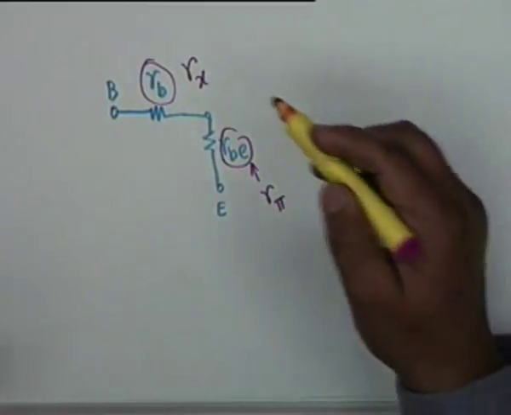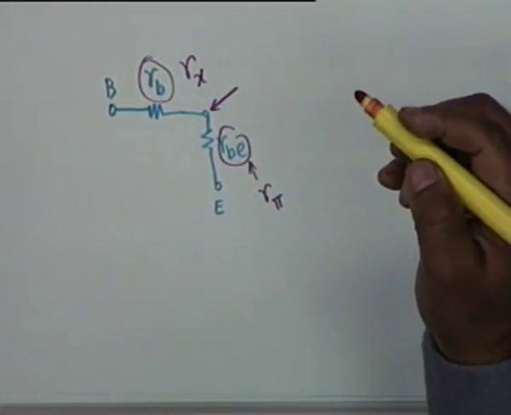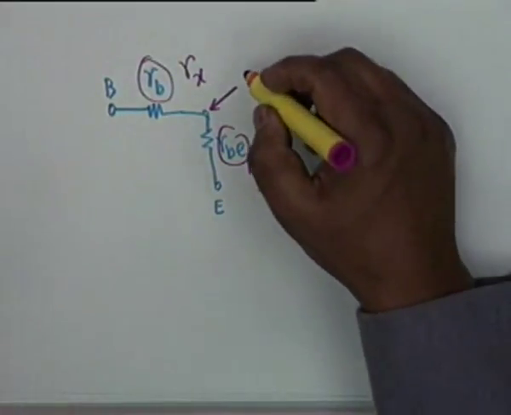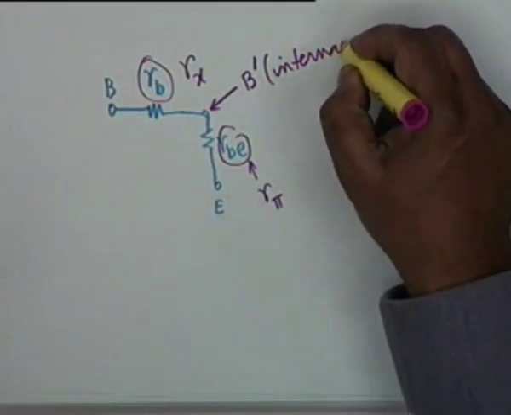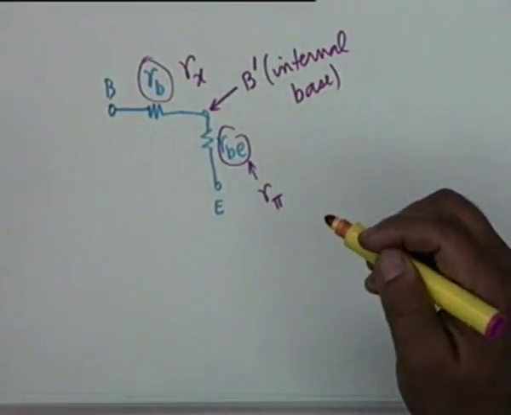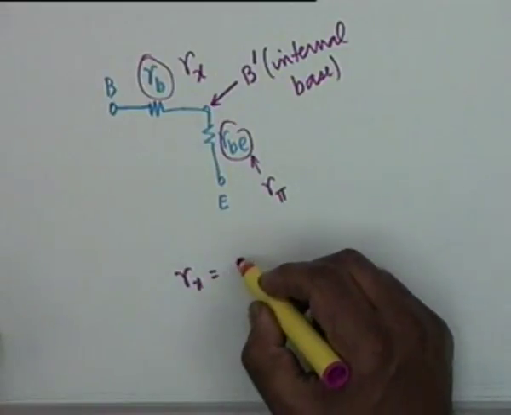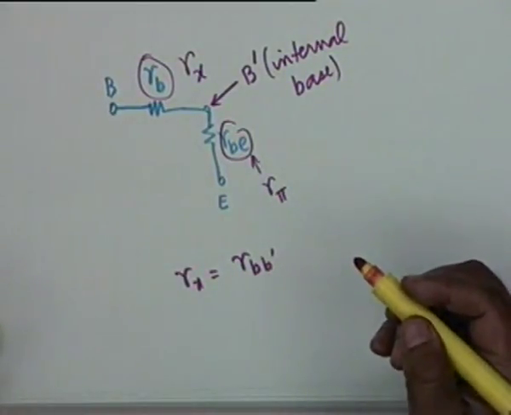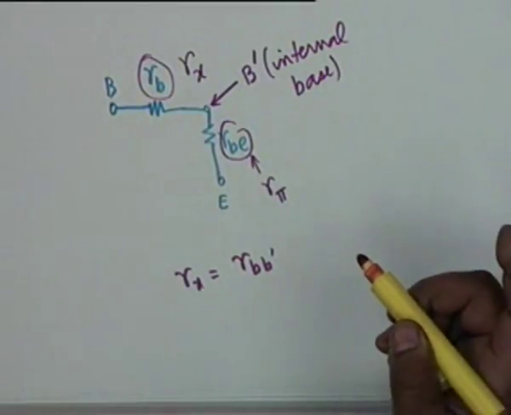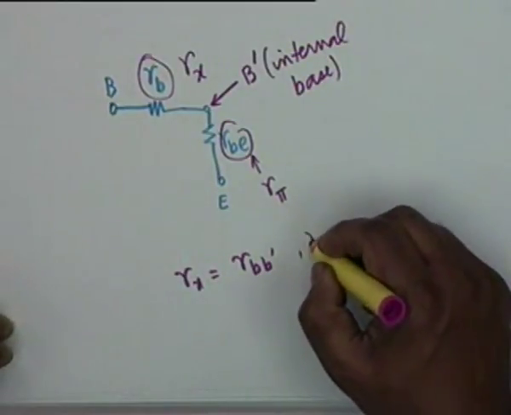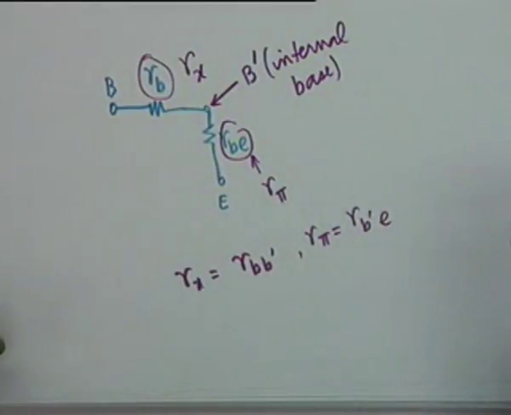To simplify notations, this is Rx, this is R pi, and this hypothetical node is called the internal base and is denoted by B prime. So some textbooks, instead of Rx, use RBB prime, that is between the external base terminal and the internal hypothetical base, and sometimes textbooks use, instead of R pi, RB prime E.